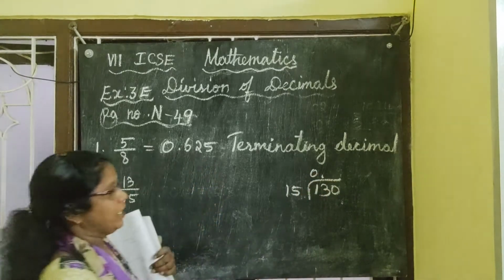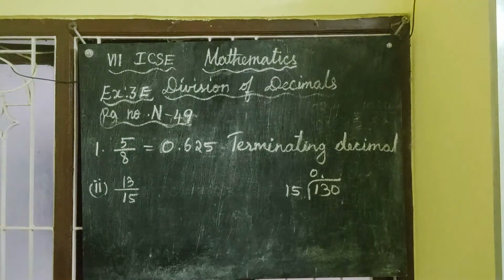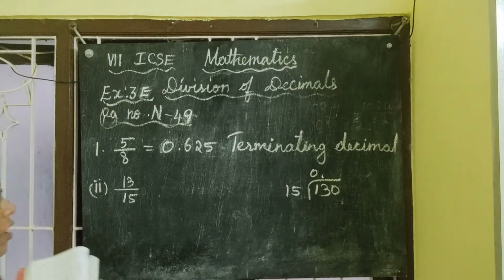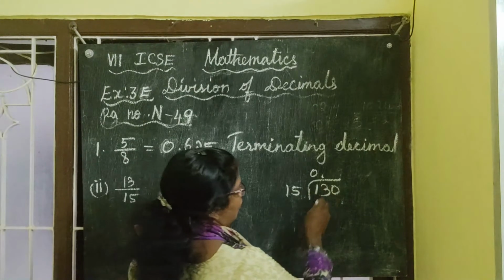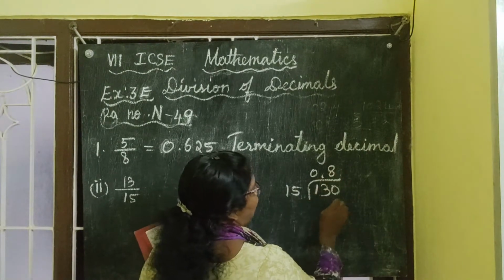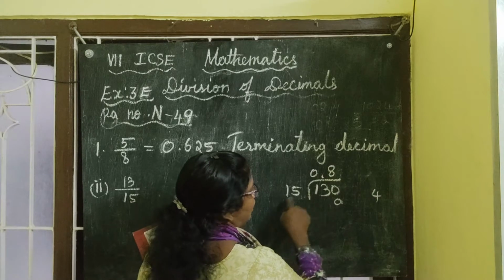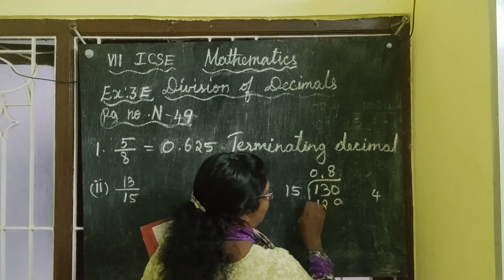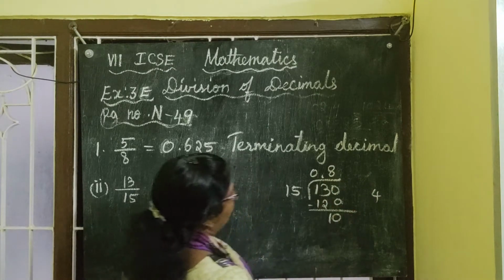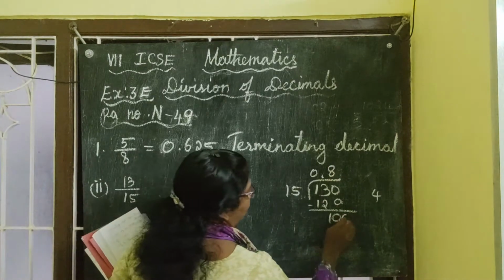Now how many 15s are there in 130? 15 8s are 120, so remainder 10. Okay, now add 0.